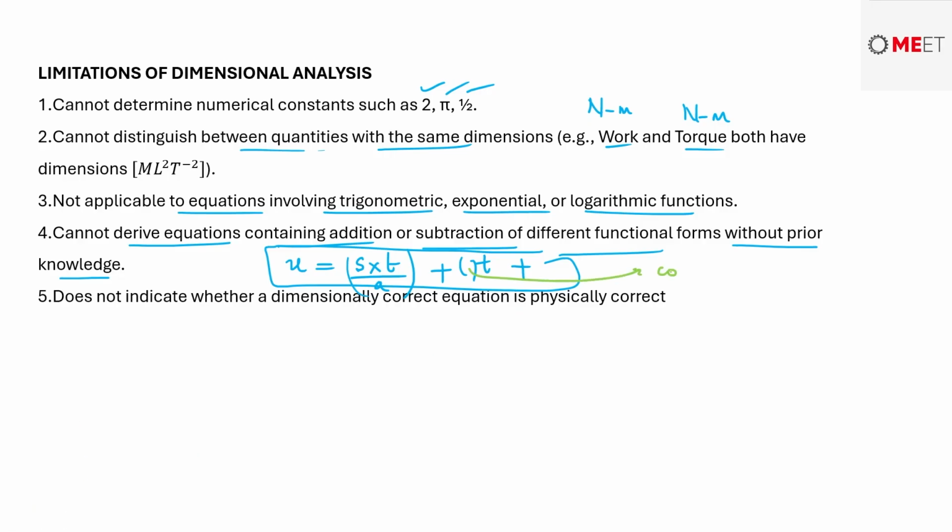Some constant has to be written in this bracket so that we get the unit of velocity only. Next, it does not indicate whether the dimensionally correct equation is physically correct. Whether that equation satisfies the laws of physics or not cannot be predicted in the dimensional analysis.